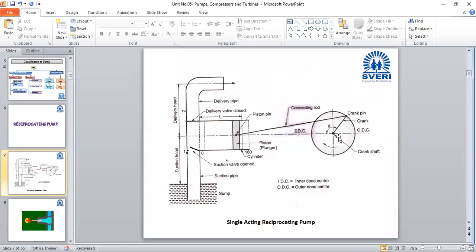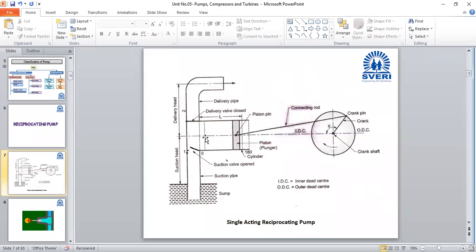The rotation of this crank, with the help of the connecting rod and piston rod, which is not shown here, converts the rotating motion into reciprocating motion.